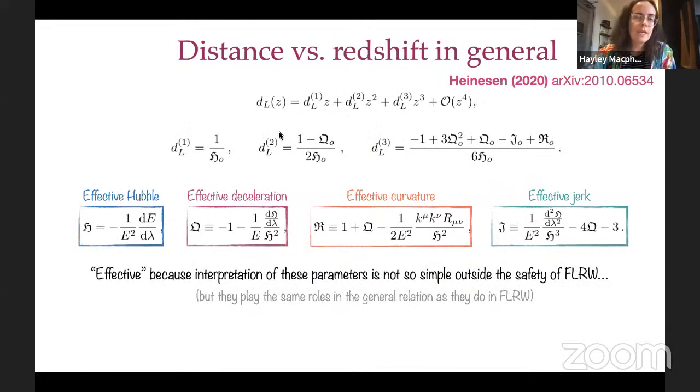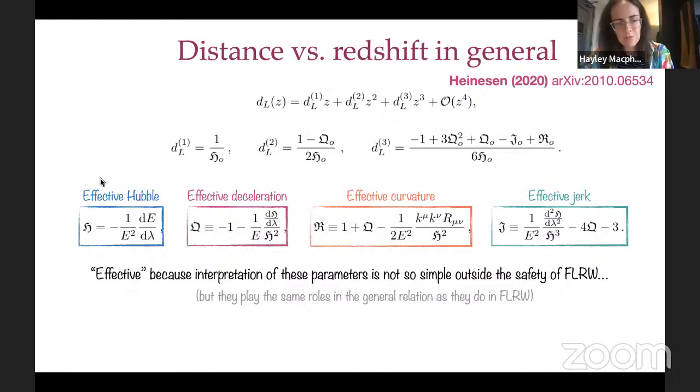And so in Asta's formalism, in this completely general framework, these coefficients of each order of redshift in the luminosity distance expansion are now defined in terms of these curly parameters, which we call the effective Hubble, the effective deceleration, effective curvature, and the effective jerk.